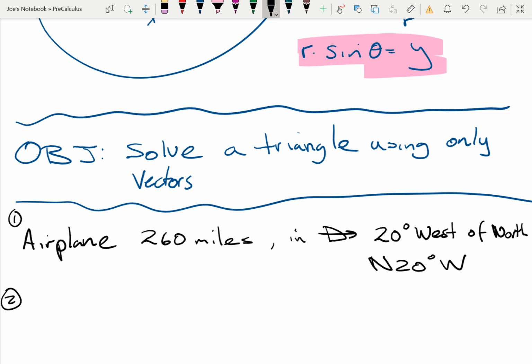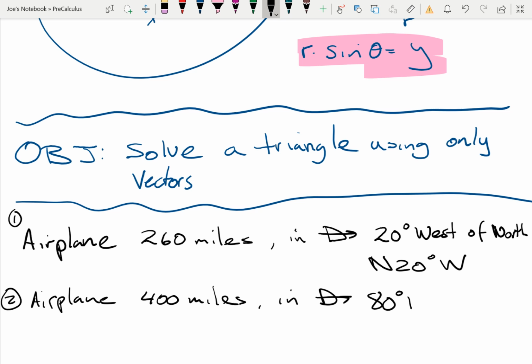Direction 2: once they reach that 260 miles, the same airplane is going to travel 400 miles in a direction of 80 degrees west of south.